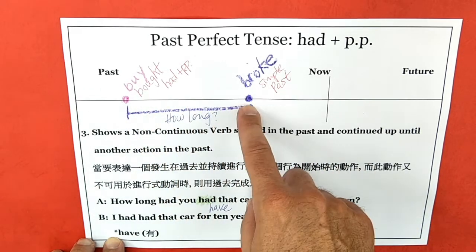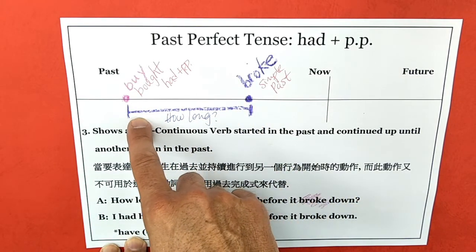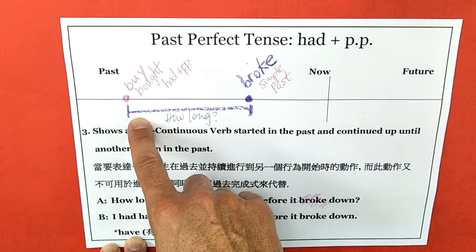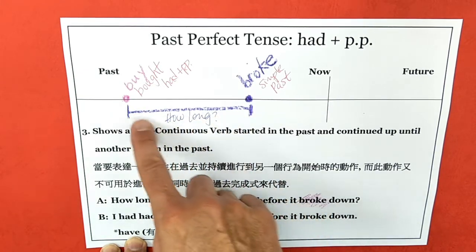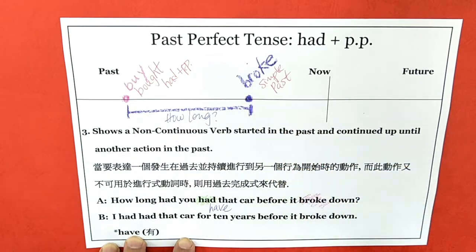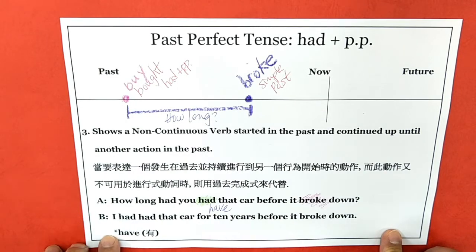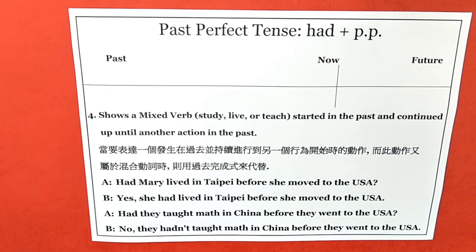We have two actions. The first action is non-continuous, having a car, and it goes up to a certain point. It's still in the past, but it's in the past. All right, okay, again, past perfect tense, had plus PP.